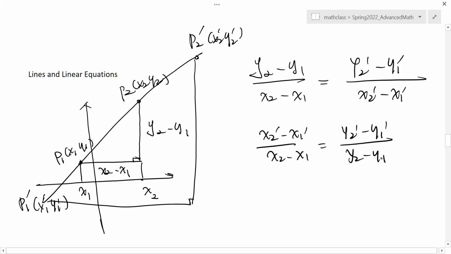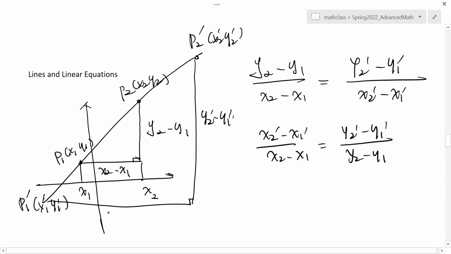This is about similarity of two triangles. So this smaller triangle is similar to the larger triangle. So the ratio of their corresponding sides should be equal.